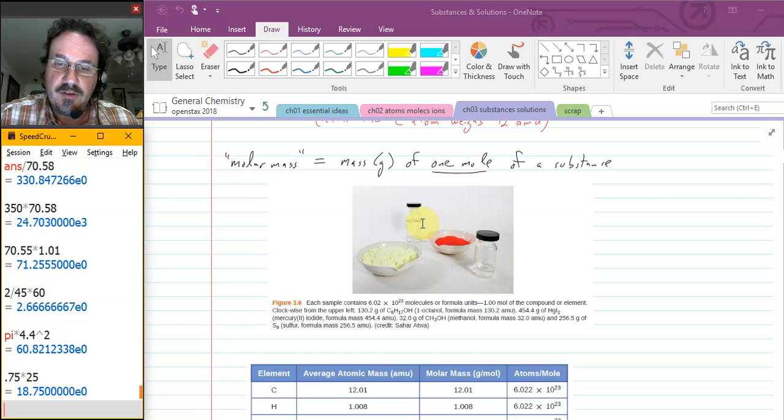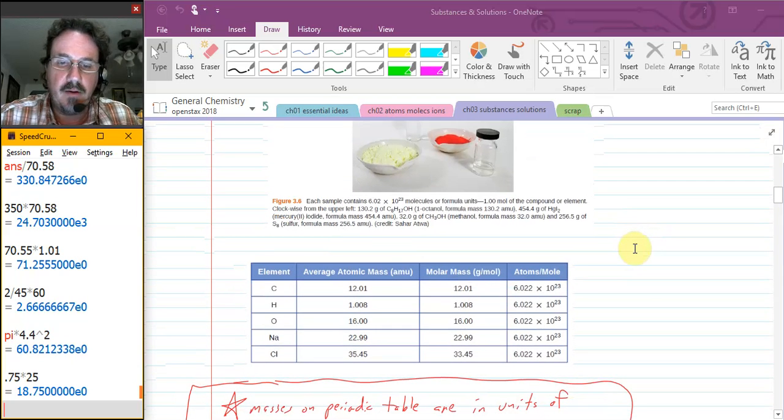This looks like there's more of it here, less of it here, volume-wise, but again, it's 1 mole if I counted how many molecules there. And then here, sulfur. Sulfur comes as S8, the S8 molecule, and that's how much 1 mole of sulfur looks like. Right? And you can see in the legend here, they've even added up what the weight of all those various things are, again based on just adding up the formula mass and then taking 1 mole of it. All right.